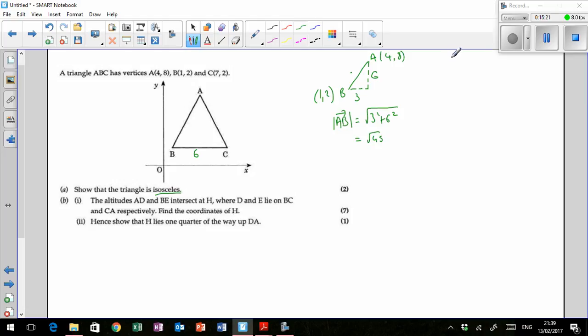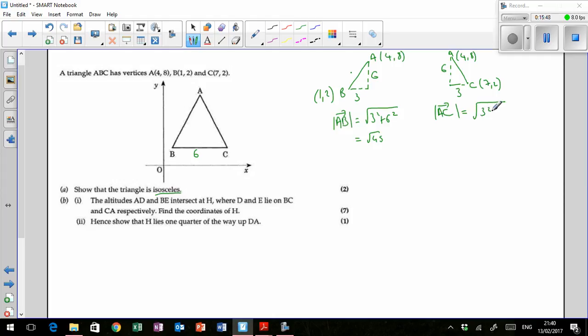Okay, and then just doing exactly the same thing between A and C. A is still the point (4, 8). C is the point (7, 2). So there you're going in the x direction from 4 to 7, which is 3 again, and then still between 2 and 8, which is 6. Okay, so I'm going to be very thorough here just to make sure I'm doing that properly.